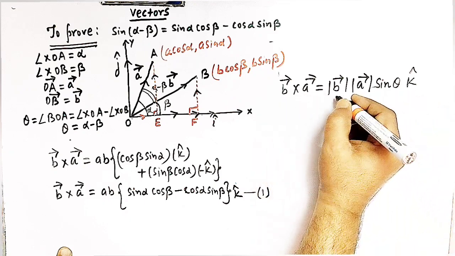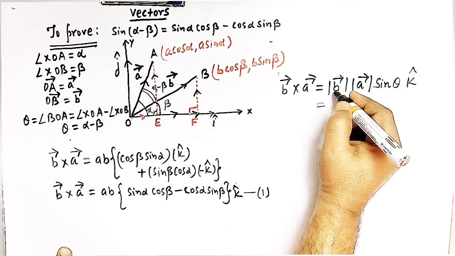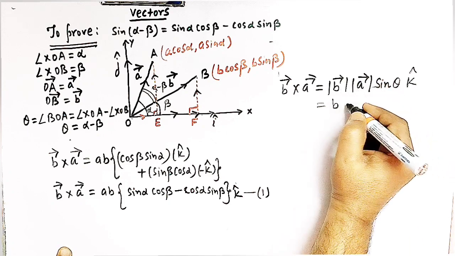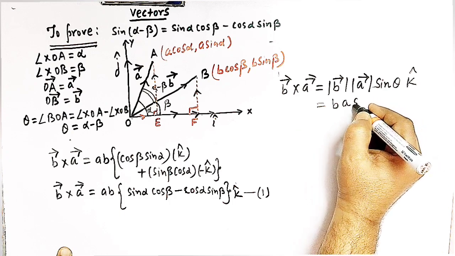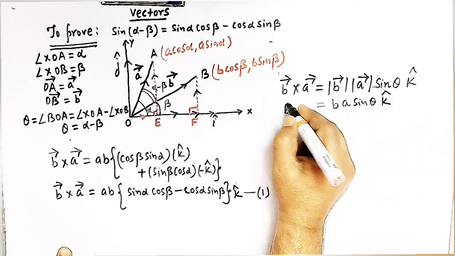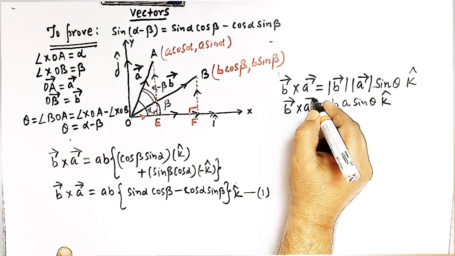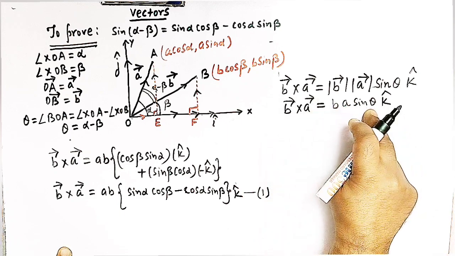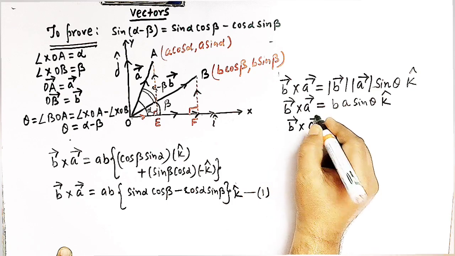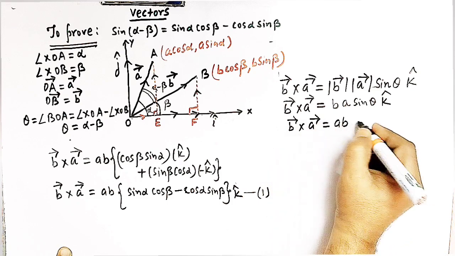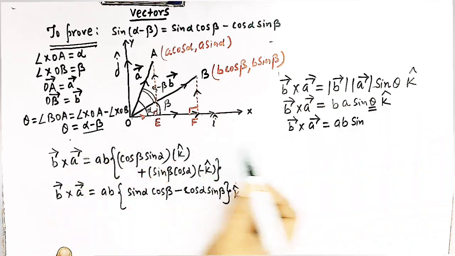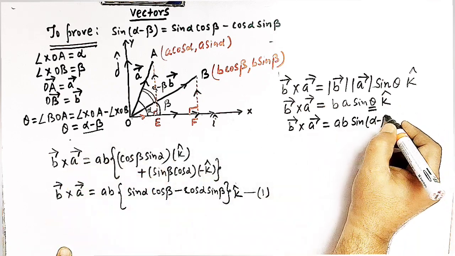Now we can replace the magnitude of vector b as simply b, and magnitude of vector a by simply a, and here we have sine theta and k cap. So b cross a is given by this expression, and we can also write it as b cross a is equal to ab sine theta k cap, where theta can now be replaced by alpha minus beta.